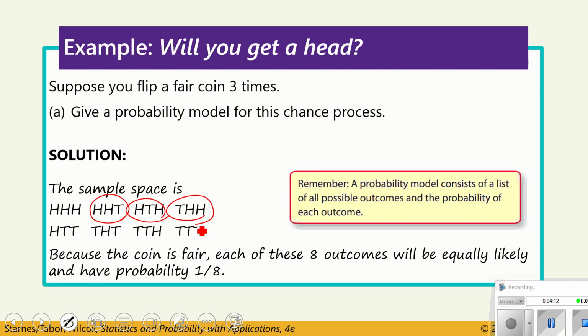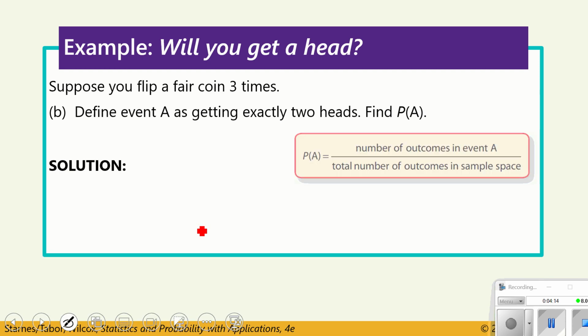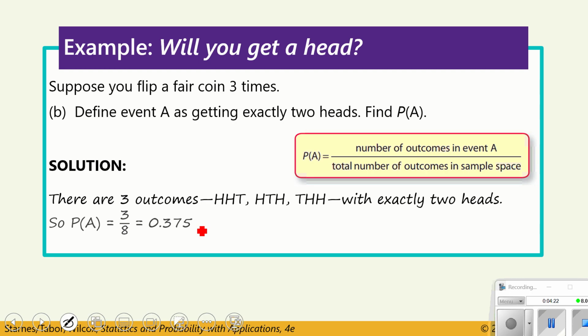So the way that we would write this, the probability of successes over total, well, we had 3 successes out of 8 total. So our probability that event A happens is 3 out of 8, or if we wrote it as a decimal, it would be 0.375.